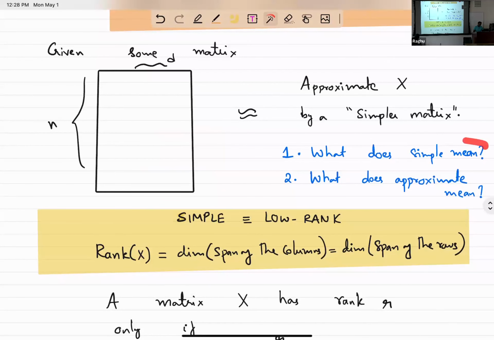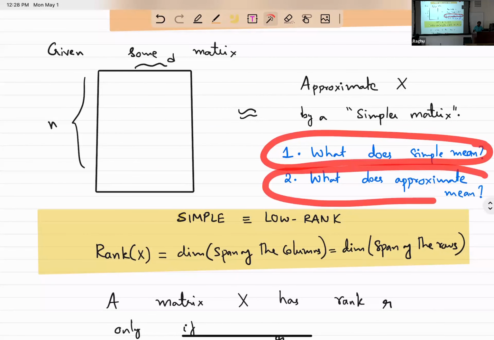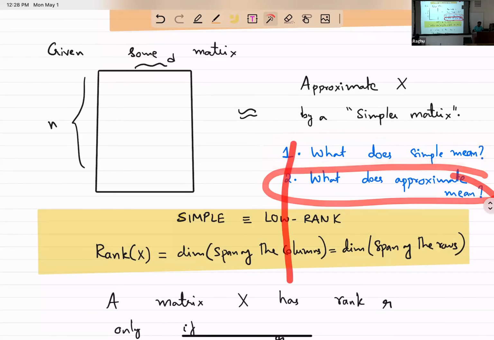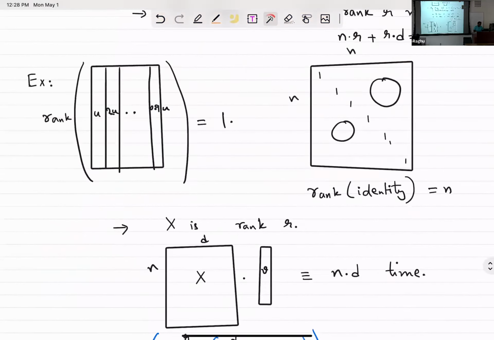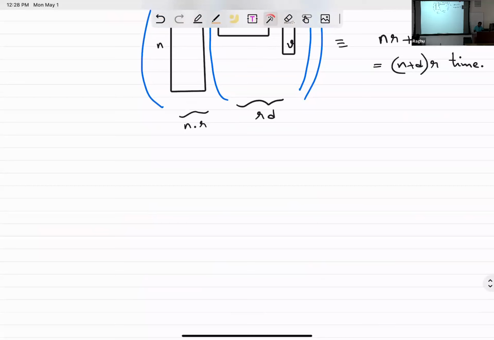What does simple mean? But how about approximation? What would it mean to approximate? What's a good way to approximate?